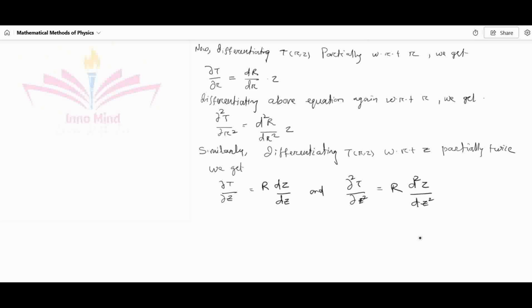So let us take this as equation number 3, this as equation number 4, and this as equation number 5.